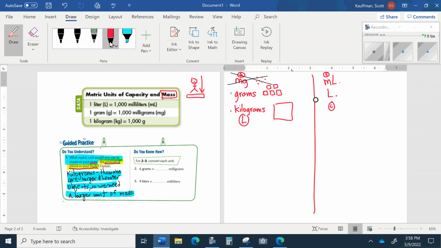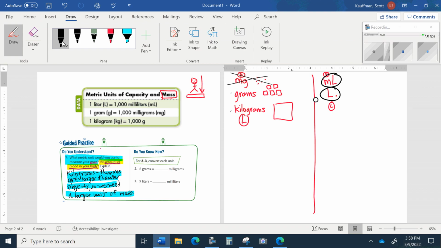Okay? So now let's think. If I'm measuring how much blood is in my body, and I just told you that I'm a larger body, and humans have larger bodies, so we need to use a larger measurement for mass. Which measurement do you think we should use to measure the amount of blood in our body? A smaller measurement, like milliliters, or a larger measurement?